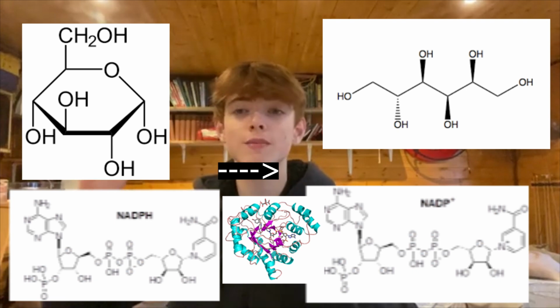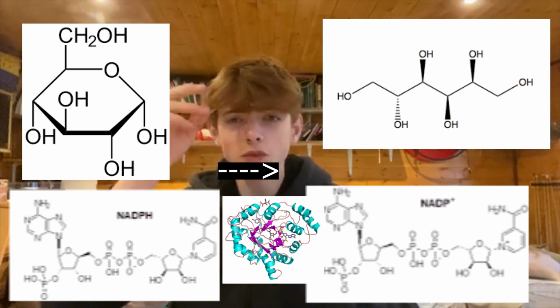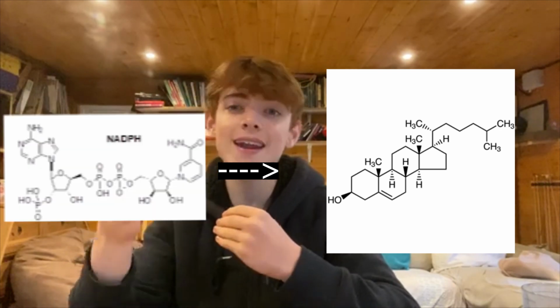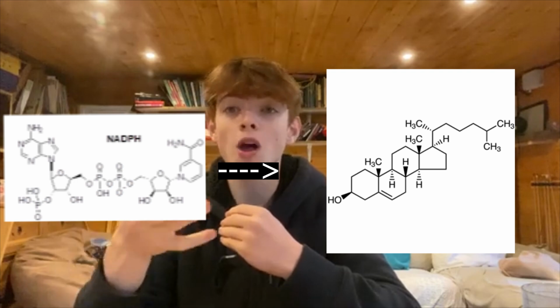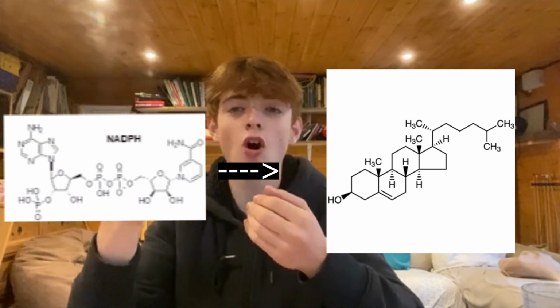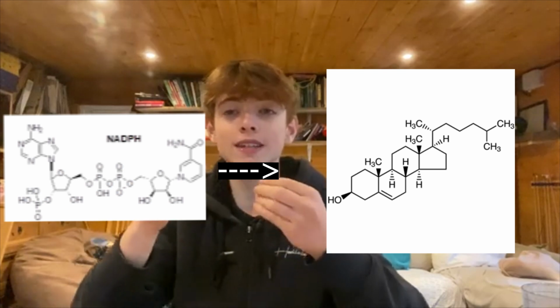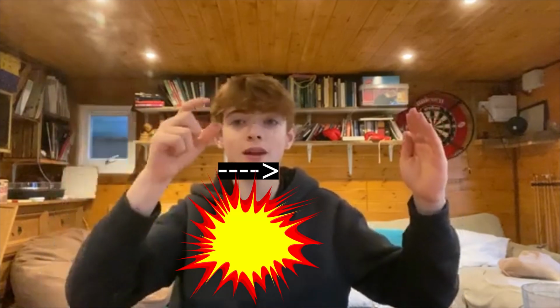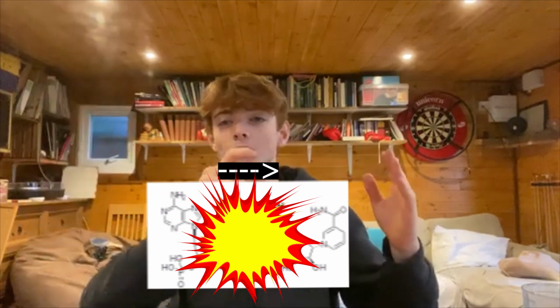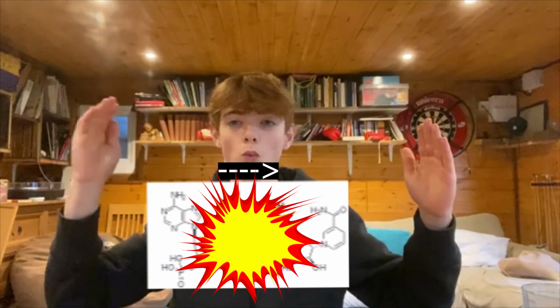The usage of NADPH isn't necessarily a bad thing. The production of cholesterol, which I've talked about before, needs NADPH to actually be produced. But that is a beneficial and necessary usage of NADPH, because it needs quite a high energy for molecules to turn from one thing into another, and this means that NADPH, which is a high energy molecule, is used to help these molecules turn from one to the other.